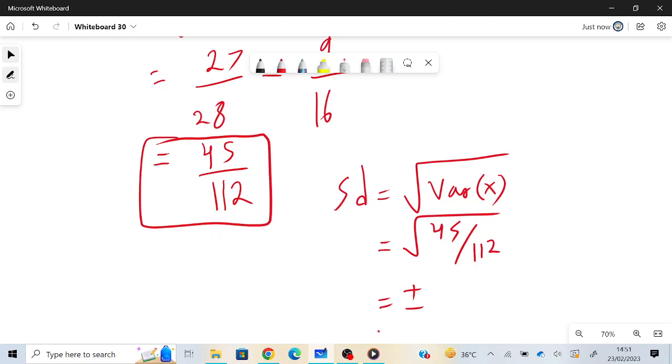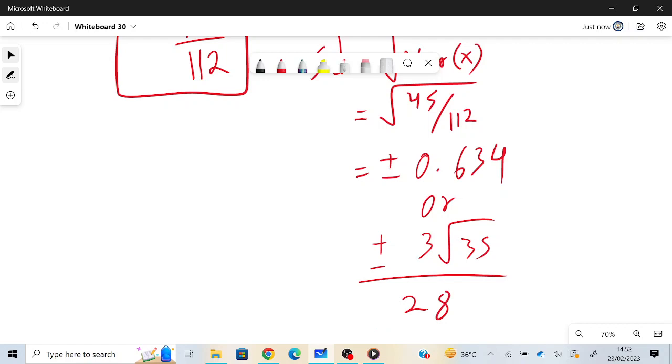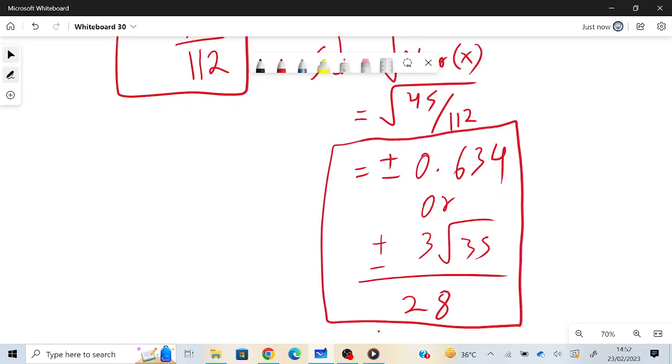In terms of decimal places, it's 0.634 to 3 dp, or you can write it as its exact value, that's plus minus 3 root 35 over 28. These are your two values for your standard deviation. Either of them is correct depending on the format your question wants you to leave the answer in.